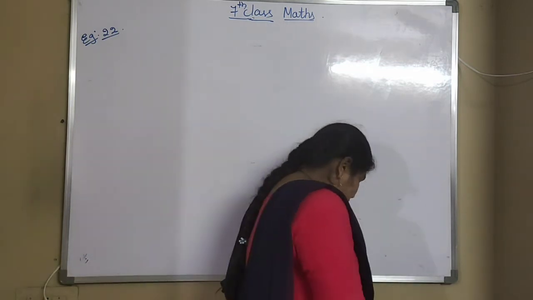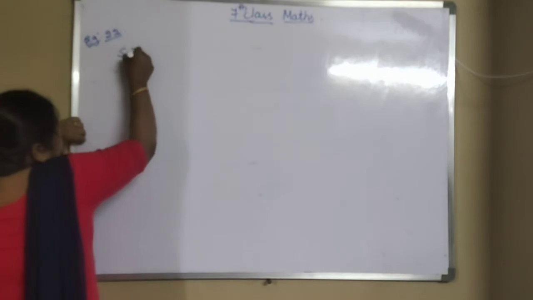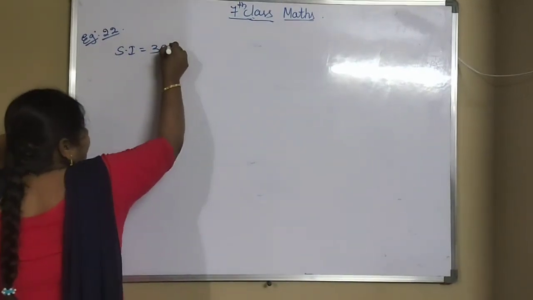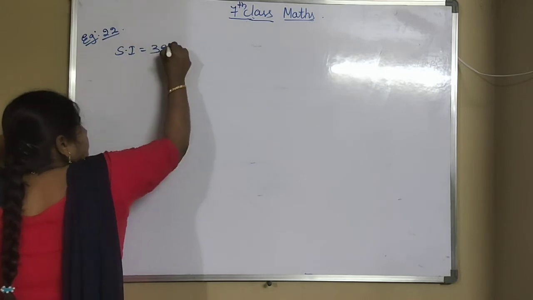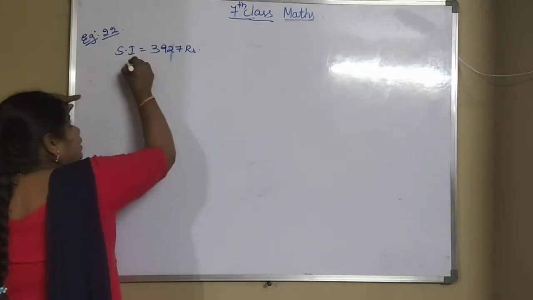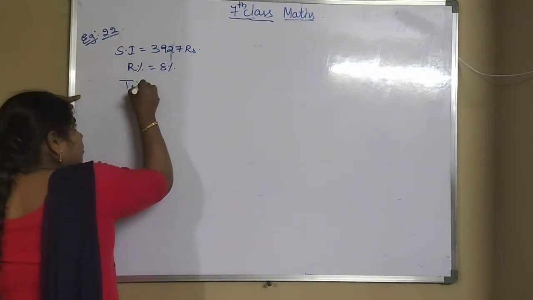Simple interest, how much they have given? Simple interest is 3,927 rupees and rate of interest is 8%.